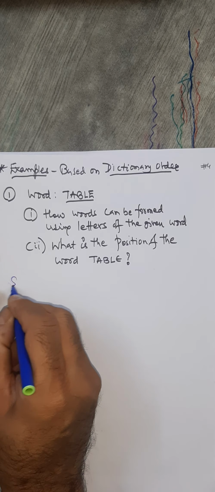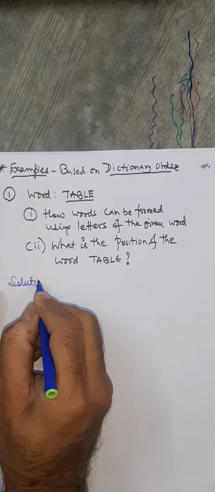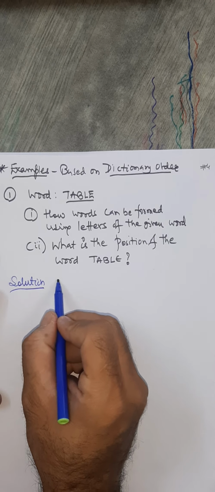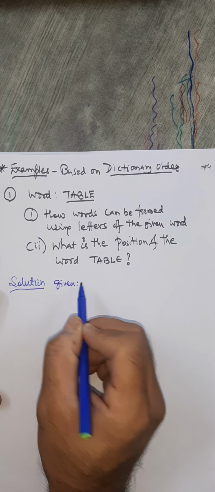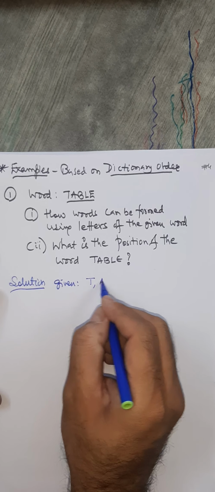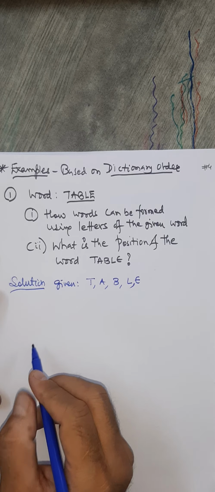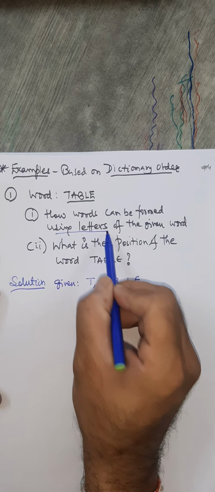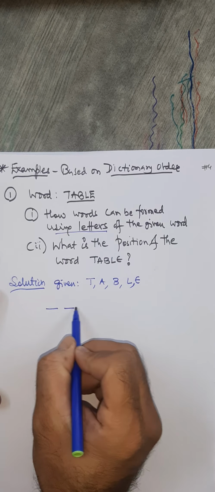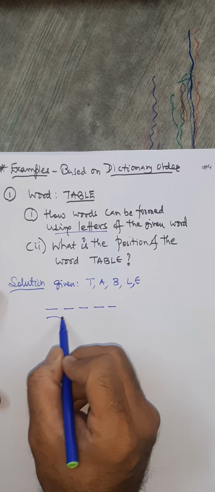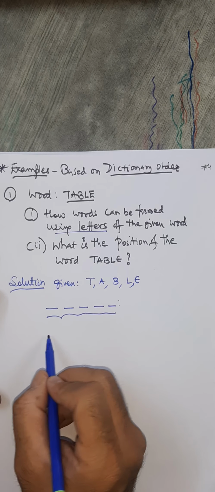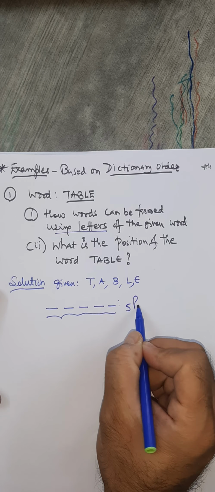Okay, so here given word is table. How many letters are there? 5 letters, and you want to use all letters here. So 1, 2, 3, 4, 5, and using all letters. So it can be done in how many ways? 5P5.